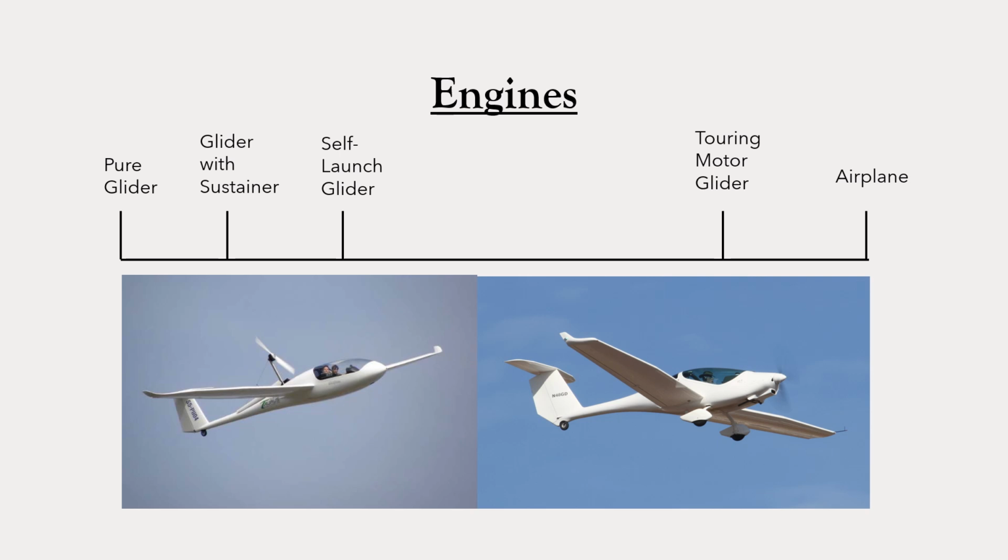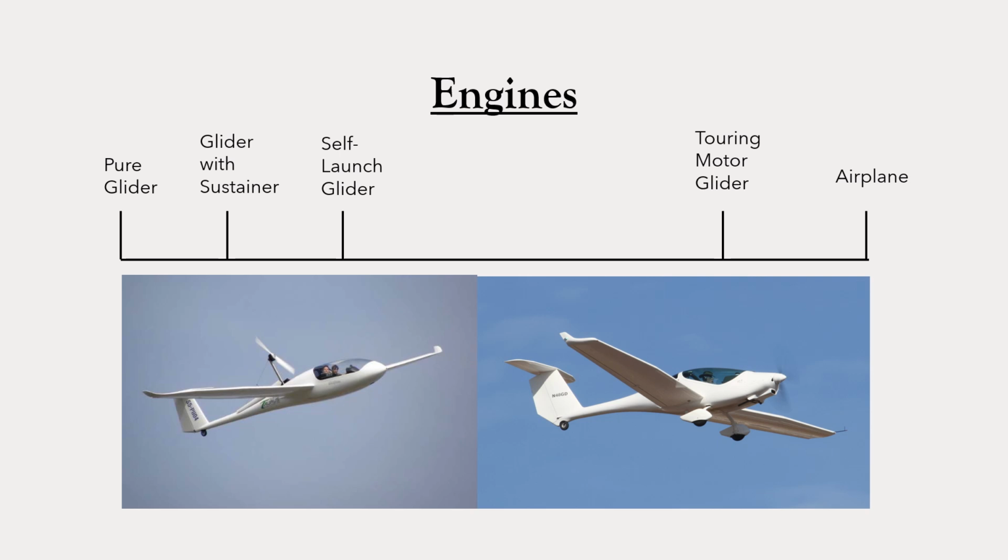Touring motor gliders are a lot closer to the airplane end of the spectrum. The engine is usually located where an airplane engine would be, as opposed to being in a pod on top that you have to deploy. The propeller doesn't retract, so the engine adds drag even when you're not using it.